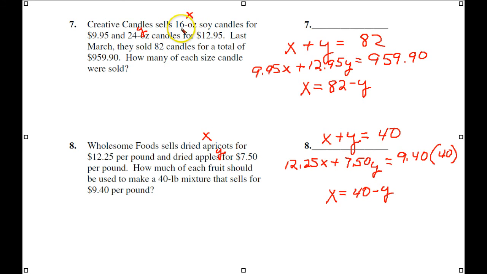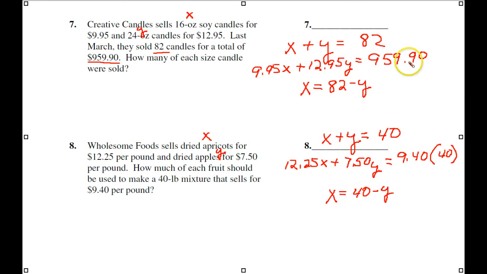So I'm identifying then the 16-ounce candle as X, the 24-ounce candle as Y. And we sold 82 candles. So X plus Y equals 82. Now, what does the X candle cost? Well, this. What does the Y candle cost? This. And the total amount they took in was this. So there are your two equations.